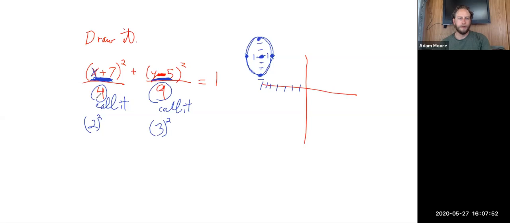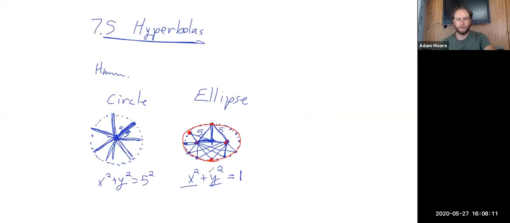And so a 4 tells me, because of the whole 2 squared thing, I'm only going 2 steps in each direction on the x part. And then the 9 tells me I'm only going 3 steps in each direction on the up and down part, or the y part. So this is what I wanted you to picture.